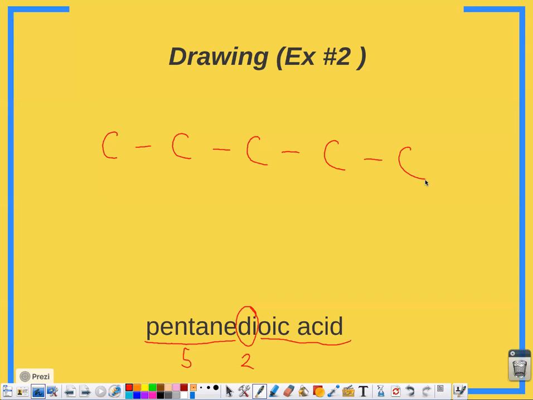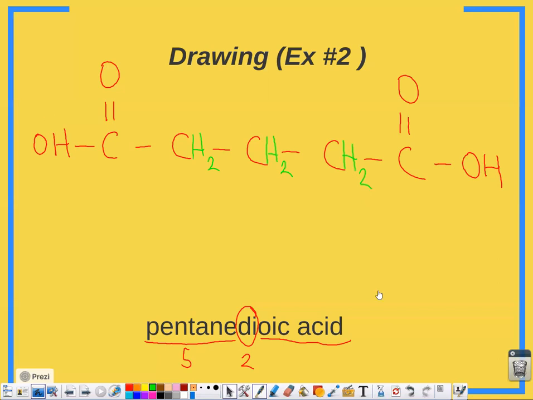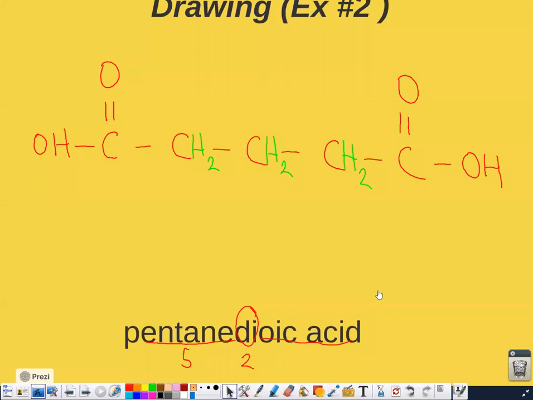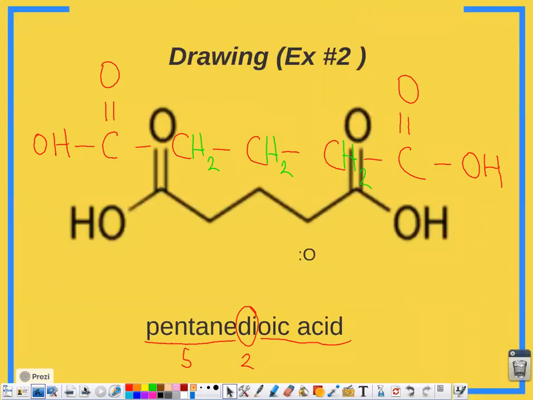And we have 2 carboxyl groups here, OH and OH. All the others are saturated with hydrogen. Here we need 2 more hydrogens, 2 more hydrogens, and 2 more hydrogens. And this is the structure.